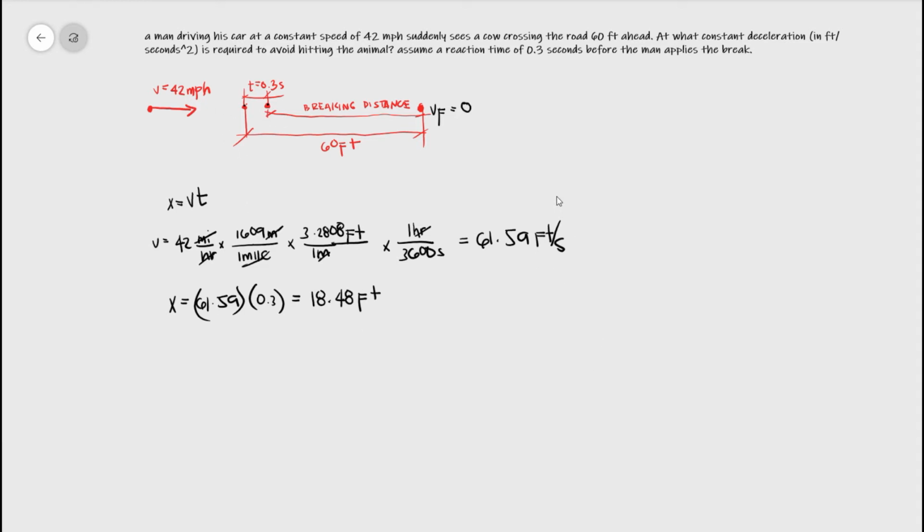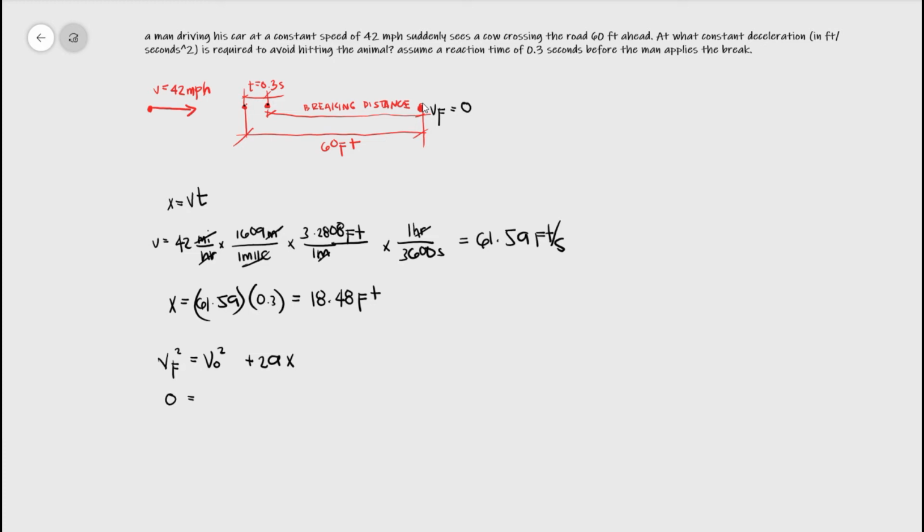From the kinematic equation, the square of the final velocity is equal to the square of the initial velocity plus 2a times the distance traveled. The final velocity is equal to 0, so we substitute 0.